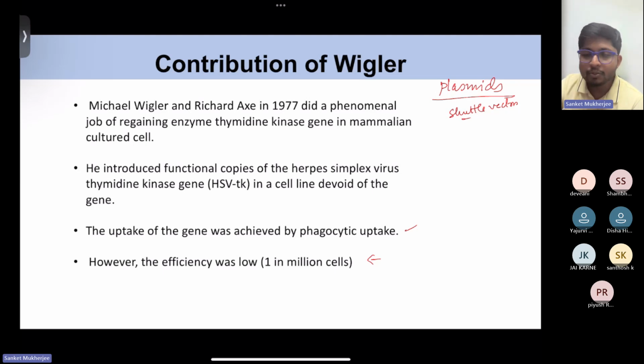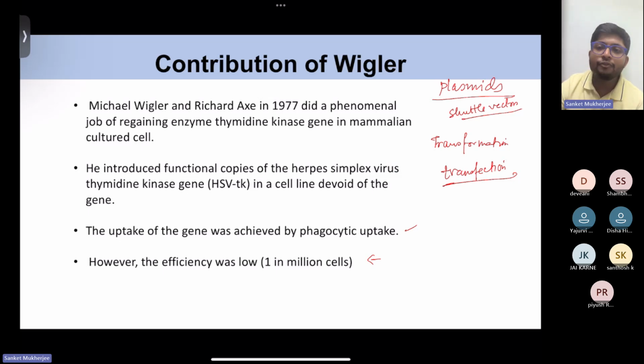So these kinds of plasmids, which could be shuttle vectors as well, are usually inserted into a cell line or even into a bacterial cell. There are various processes like transformation or transfection which are used. But the idea is the same, that a gene that is not present in the cell is introduced from a foreign source. That is the basic concept.